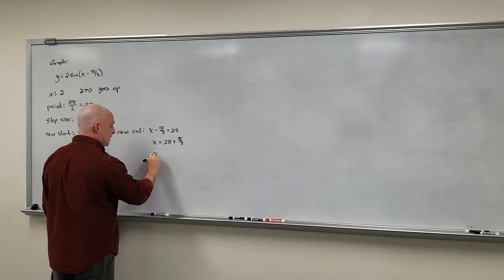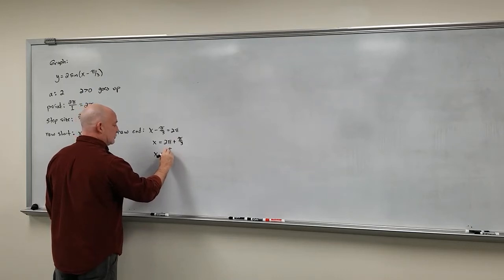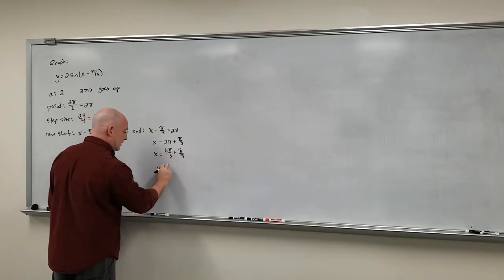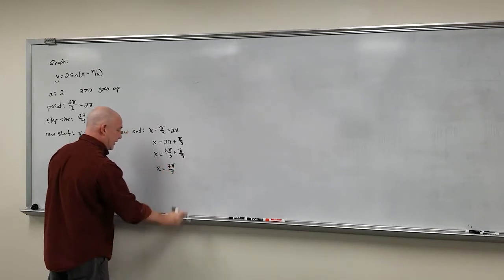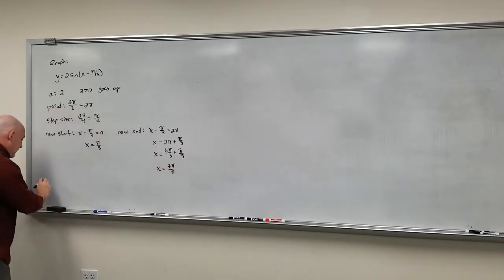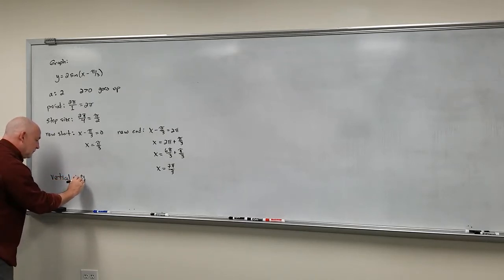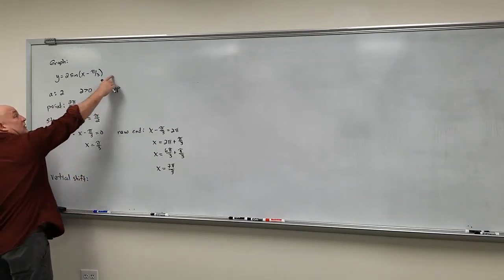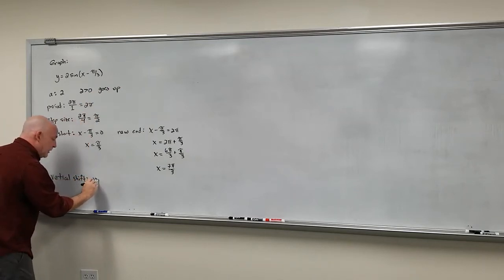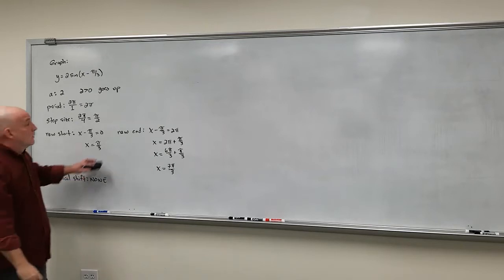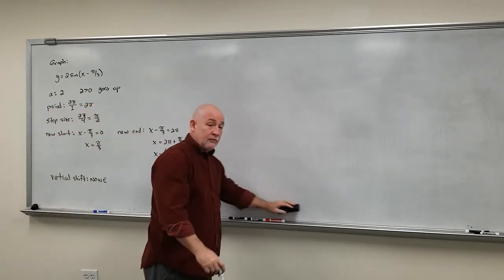We need a common denominator, so this is 6 pi over 3 plus pi over 3, which gives me 7 pi over 3. Okay, our last thing we're gonna look for is a vertical shift. We don't have any number added out here at the end, so we do not have a vertical shift at all.